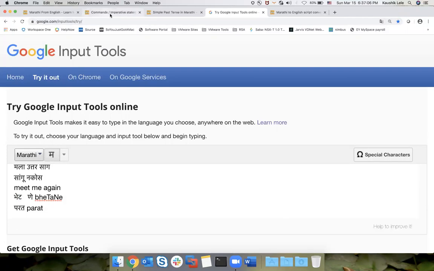Parat is again. Ajun ek, I can say, मला अजून एक भेटू नकोस. Ajun ek means one more. And if you want to say once more, it will be ekda.